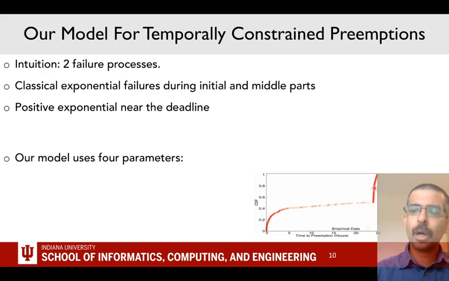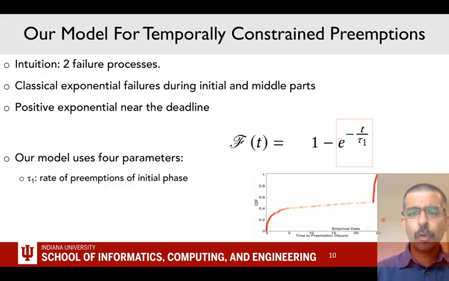And in the latter part, when you reach near the deadline, you need a positive exponential distribution to account for this steep increase in failures. Our model uses these four parameters in order to fit the preemptions that we see for Google Preemptible VMs.